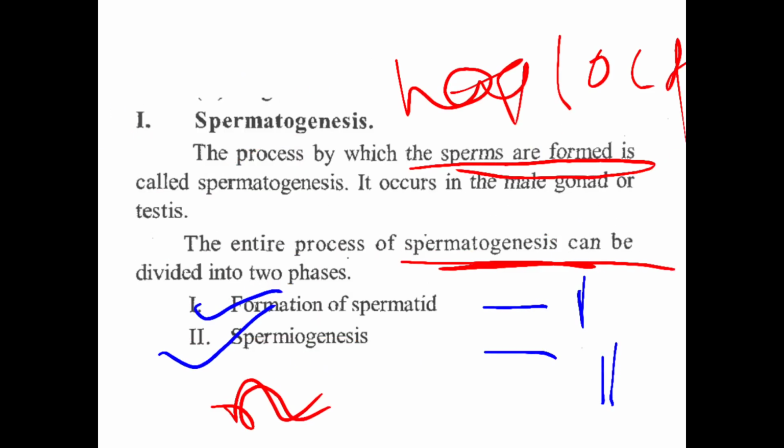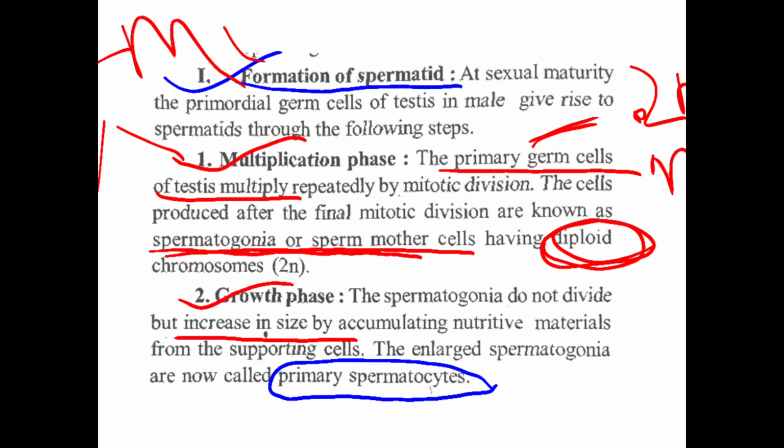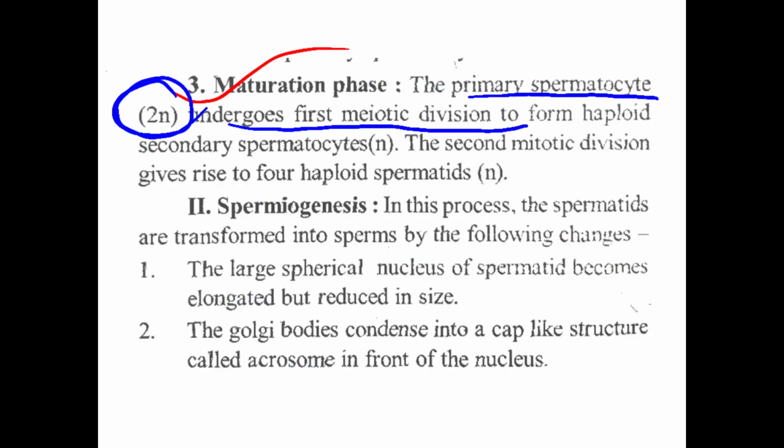In the multiplication phase the division is mitotic, but in the maturation phase the primary spermatocyte undergoes the first meiotic division to form haploid number of chromosomes. The first maturation division is also known as reduction division, in which the chromosome number is reduced to half.